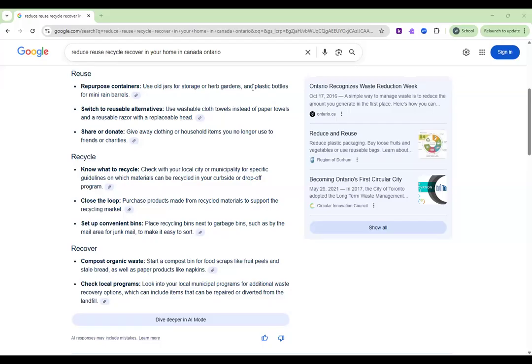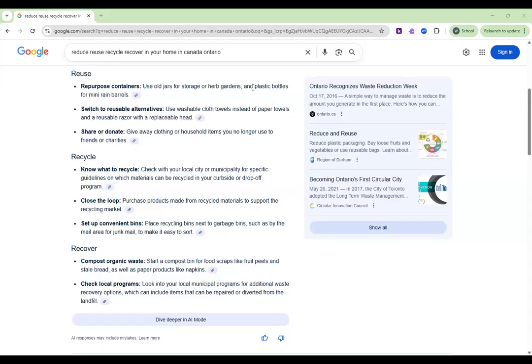Share or donate. One person's garbage is another person's treasure. I don't know if you've ever heard that, but instead of throwing things right into the landfill, especially used clothing, household items, things that you're not using, there are so many ways you can give those away so that they can be reused.